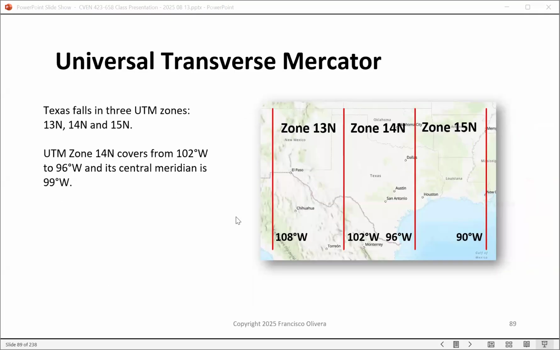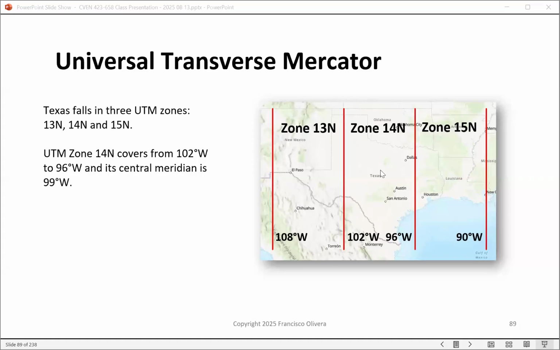In Texas in particular, we're going to have zone 13 for West Texas, 14 for Central Texas, and 15 for East Texas. So if you want to prepare a map of the entire state of Texas, probably UTM is not a good projection because the range from El Paso here to the Sabine River on this side covers more than 6 degrees.